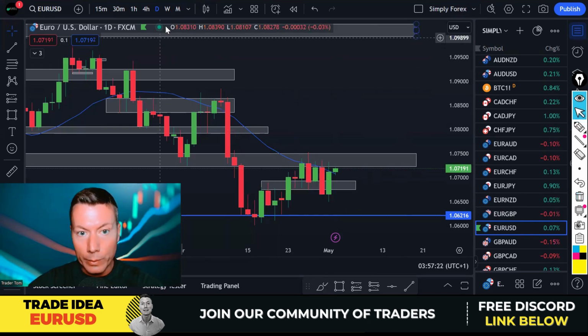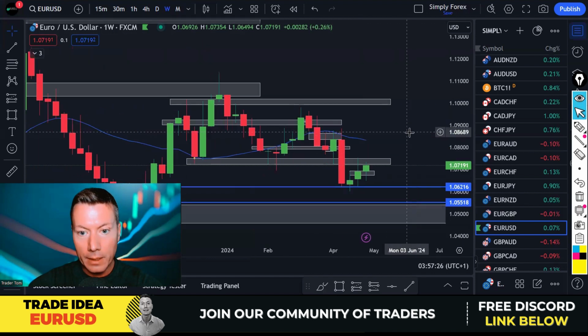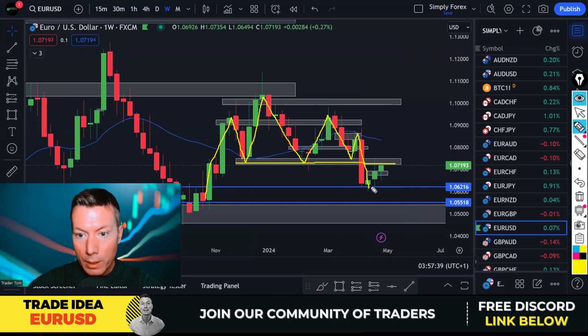Also, what I want to show you is this, guys. Look how nice the weekly chart is. The weekly chart is screaming out for a sell. We've got this level through here. If we look at the weekly chart, it was support, support, broke. Now it's becoming potential resistance.